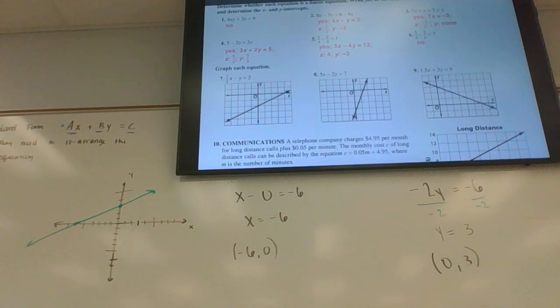I can't find my eraser. But I need to fix it. Is that 4-4? Who knows?